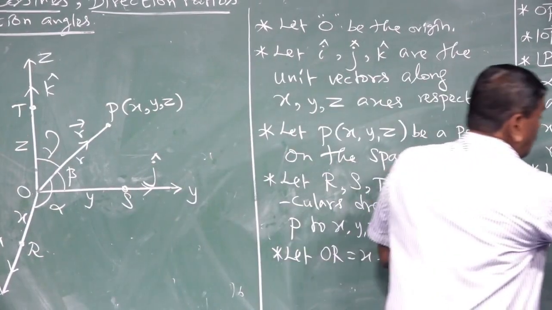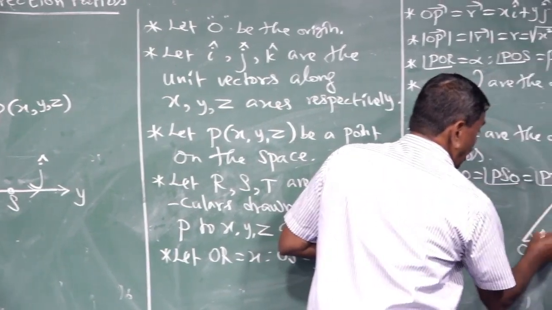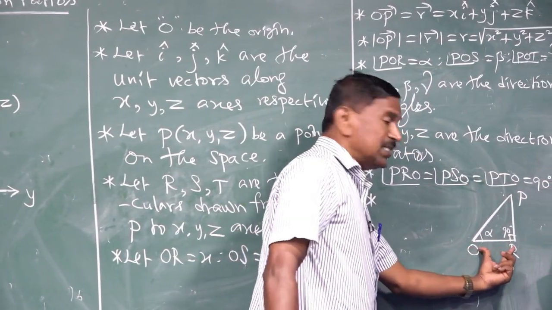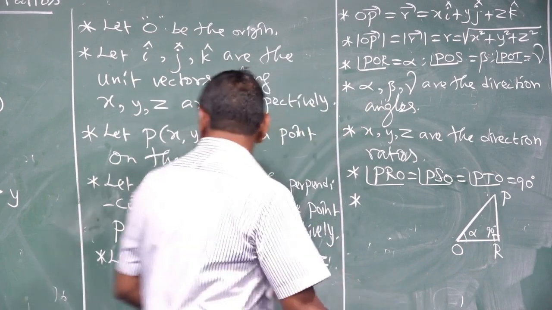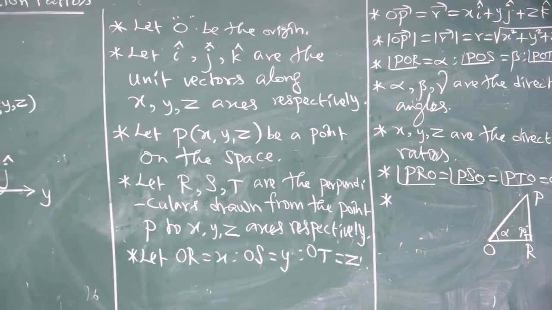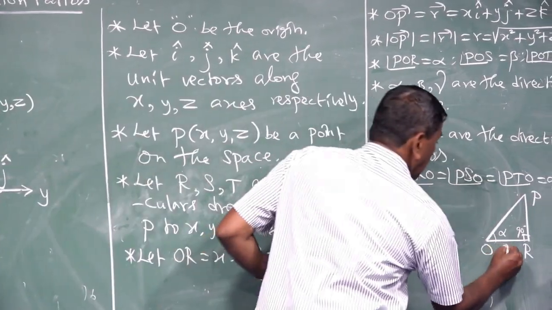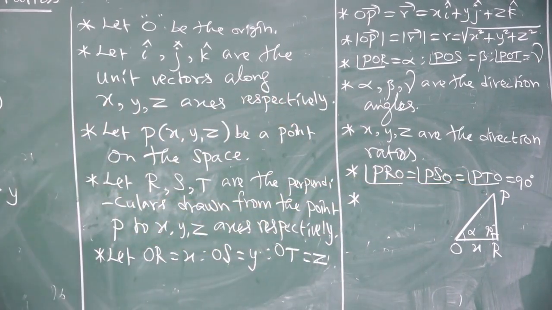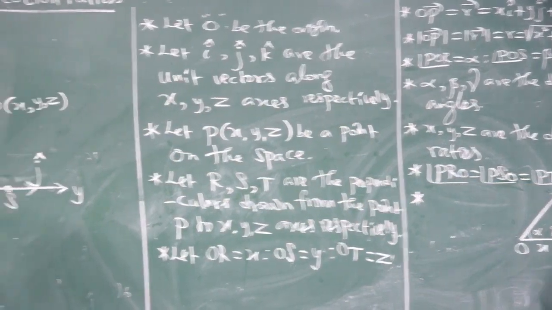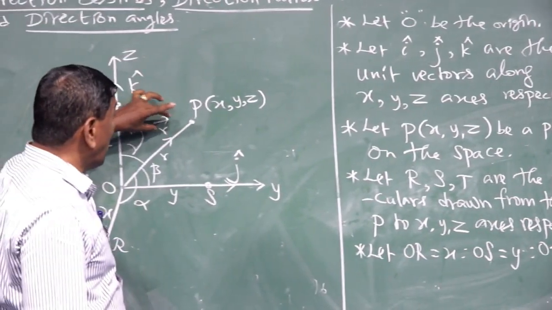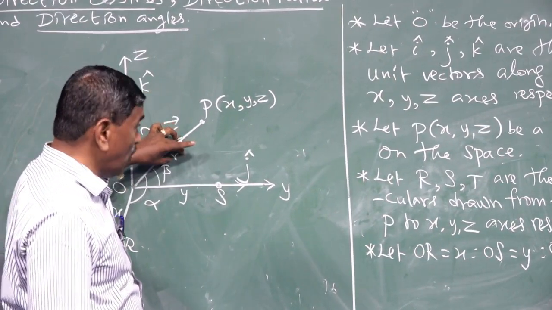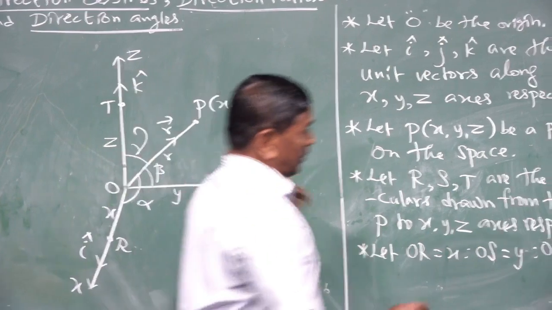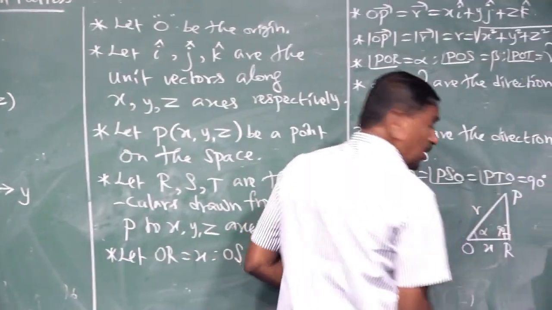What is the distance OR? Very good, the distance OR is equal to X. Next, the distance OP is equal to r, because the OP vector is equal to the r vector and the magnitude of the r vector is r.